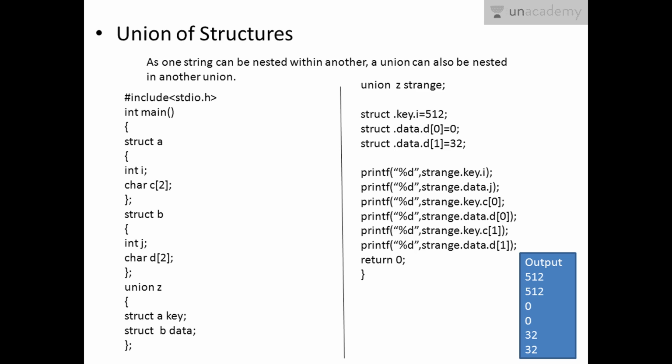In these unions, you can see union Z, which is having struct key and also data. There's also a union, and struct A and B are different functions. When you assign values for key as 5 and 2, and for D0 as 0 and D1 as 32, and when you expect them to be printed as an output, for k of I, obviously we get an output of 5 and 2.